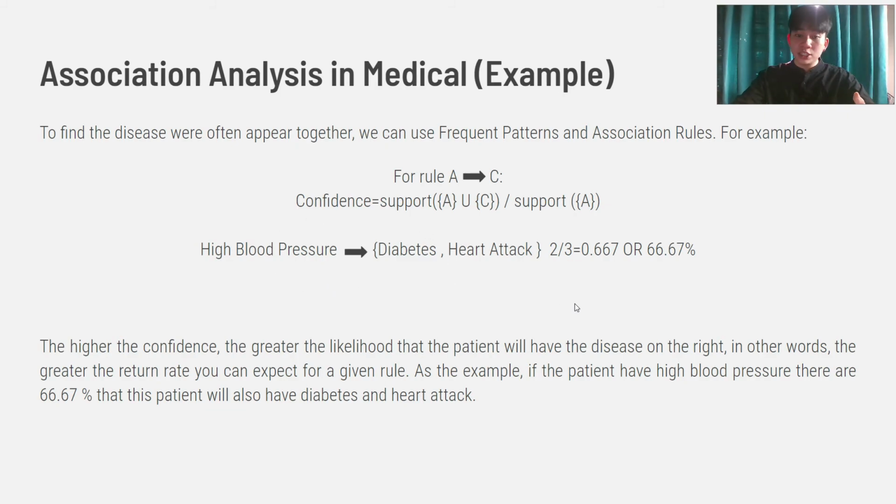This is the calculation of how we use it, and the higher the confidence, the greater the likelihood that the patient will have the disease on the right, and in other words, the greater the return rates you can expect for given rules. So this is what we get in the example of association analysis in the medical field.